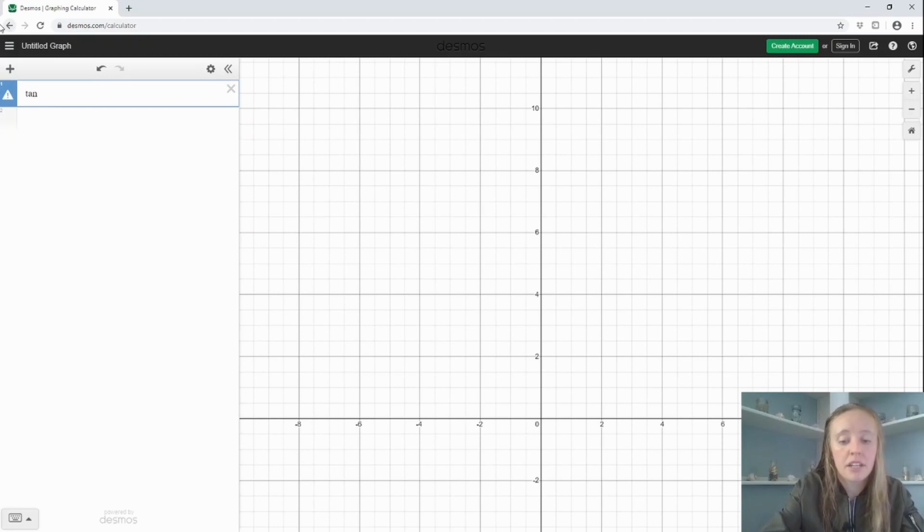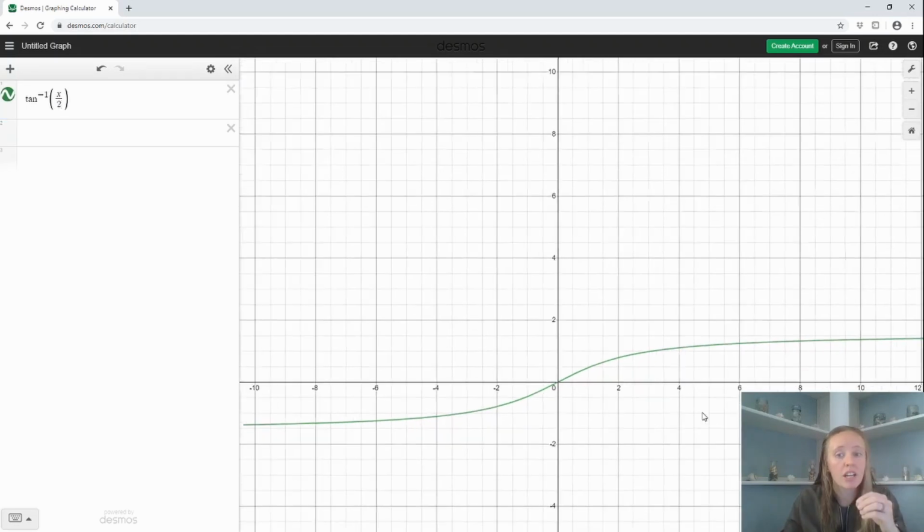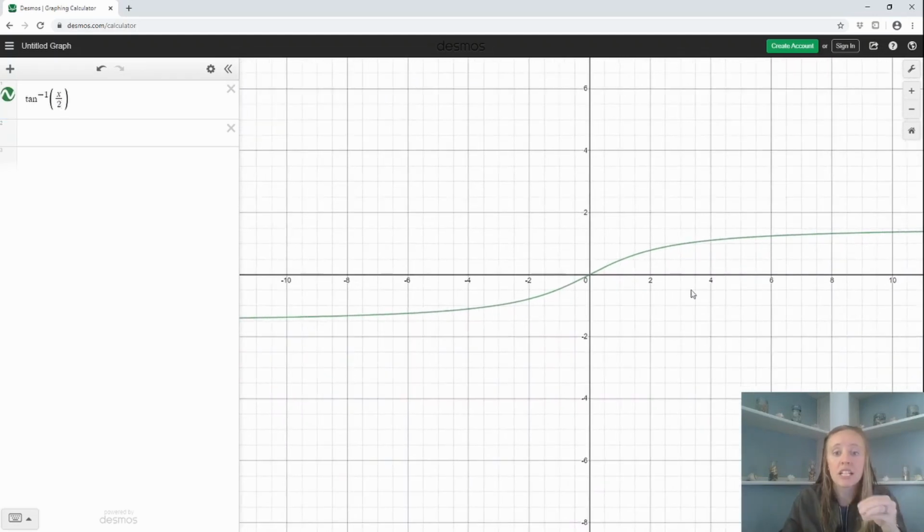And I'm going to type in the inverse tangent of x over 2, so you can get a feel for how this graph looks. Now let's look at the inverse tangent of x over 2 as it approaches infinity or negative infinity. As we approach infinity, we're going towards pi over 2, and as we approach negative infinity, we're going towards negative pi over 2.